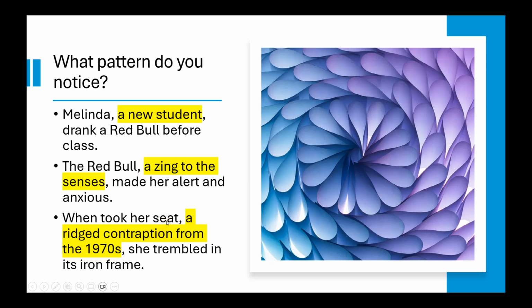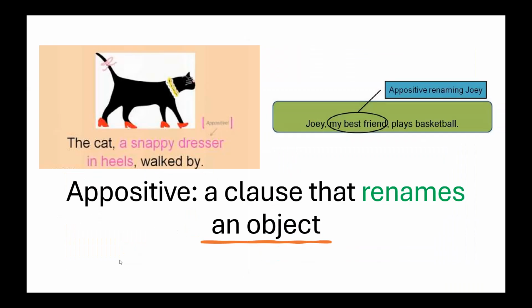The seat is also a rigid contraption from the 1970s. By using appositives, you're able to enlarge your sentences and make them more artistic without having errors. So, an appositive is basically a clause that renames an object. So, our cat can be a snappy dresser in heels. And Joey is also my best friend.